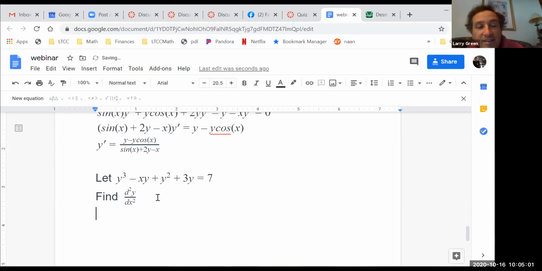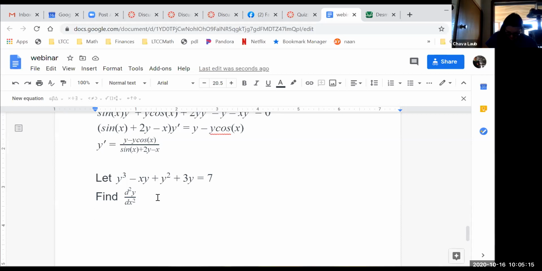All right, that is the second derivative. How do you find a second derivative? What's the first step in finding the second derivative? Find the first derivative. Exactly. We still have to do what we did before. We find the first derivative.